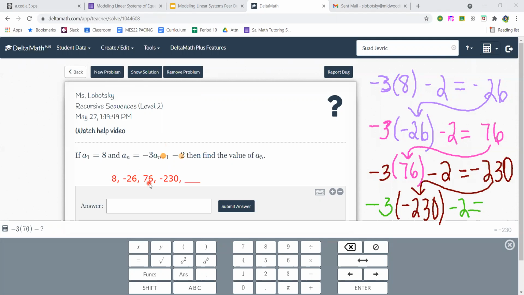To get 76, I take -3, I multiply it by my previous term, -26, and I subtract 2. So now to get our 5th term in the sequence, I'm going to say -3 times my previous term, and subtract 2.